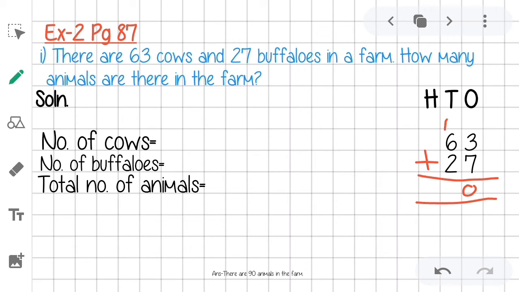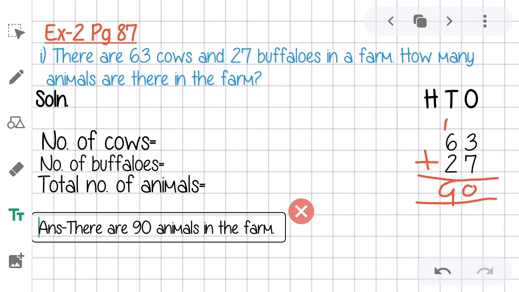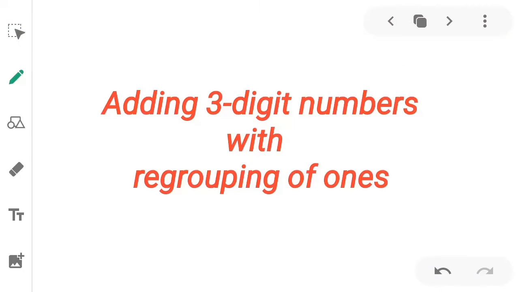Now adding the numbers in the tens place, we have 6 plus 2 is 8. 8 plus the carryover, that is 1, will give us 9. So the answer will be, there are 90 animals in the farm. So this is the way how we will solve the story sums related to this topic.